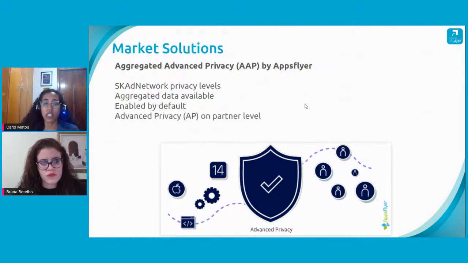The AAP is turned on by default since it was released, and is a general setting for a certain app, but the client can also switch it off and enable the advanced privacy for each partner individually, on partner level.